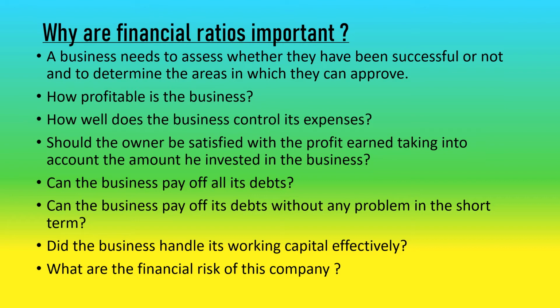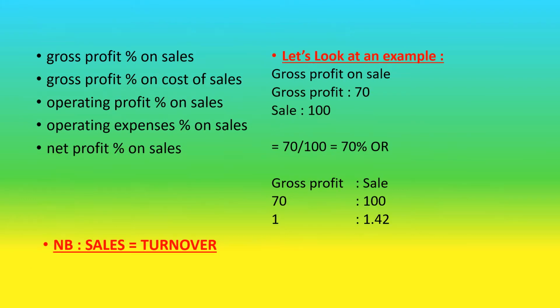Also, what I like about ratios is that they are quick to do to determine how the business is doing. Even before you read the entire financial statements of a company, if you just calculate a few ratios, you'd be able to ascertain how well the business is doing.